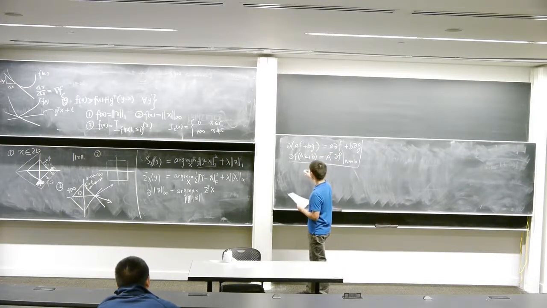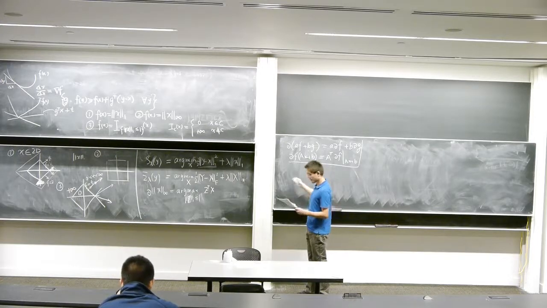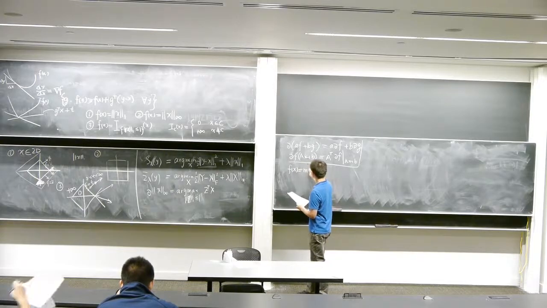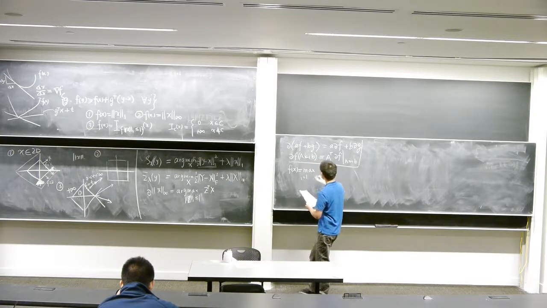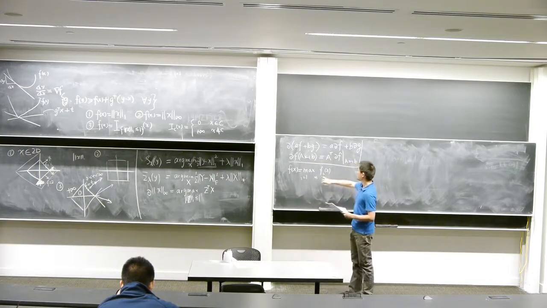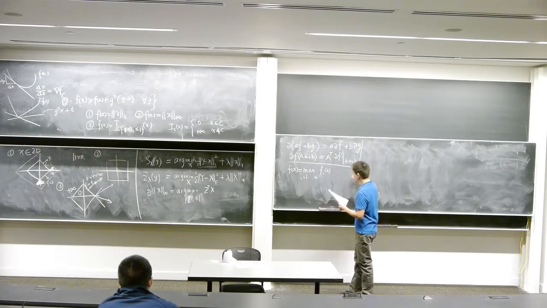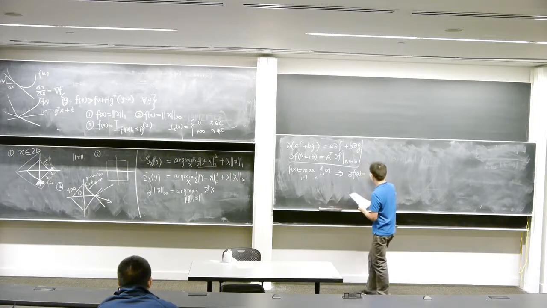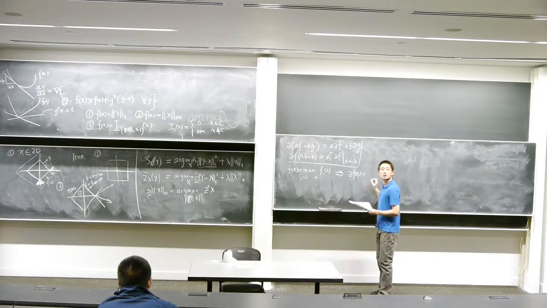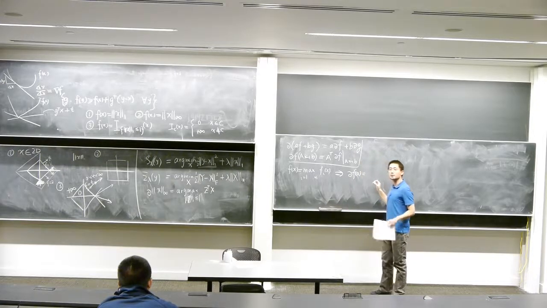What makes the subgradient, what's a very important property, is this. If I have a function that is the maximum of a finite number of functions, that gives me that the subgradient is a, so does anyone remember what's here?